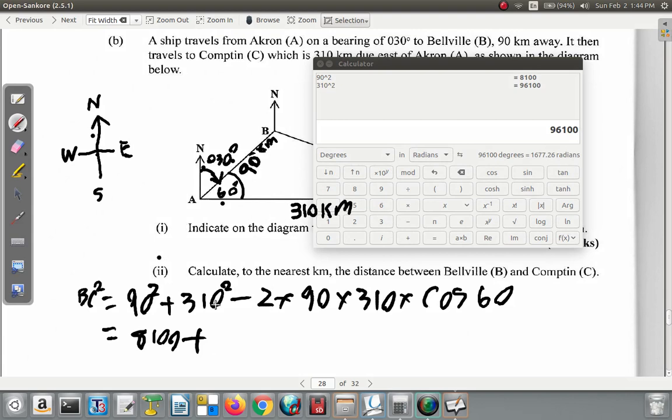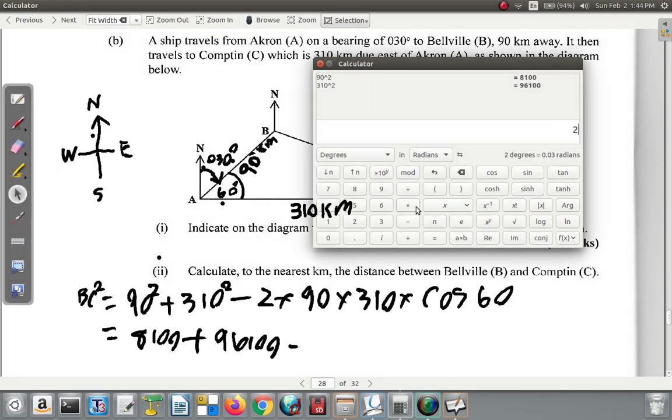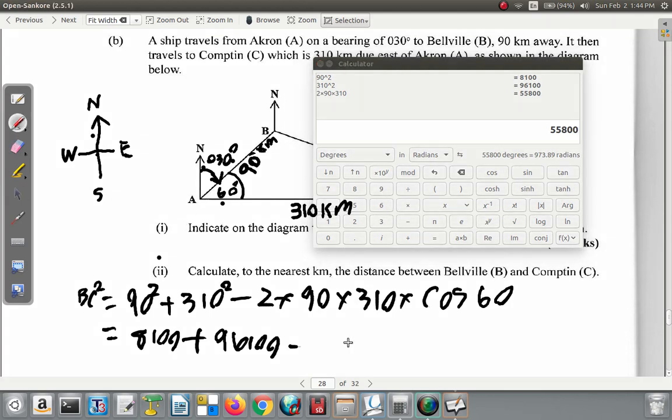So we have 96100 minus, now this is 2 times 90 times 310, equal 55,800. So this is 55,800 times the cosine of 60.